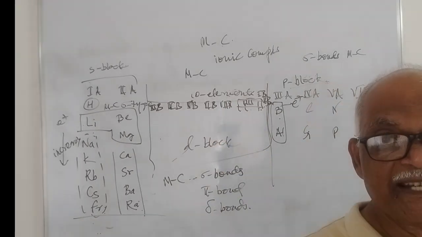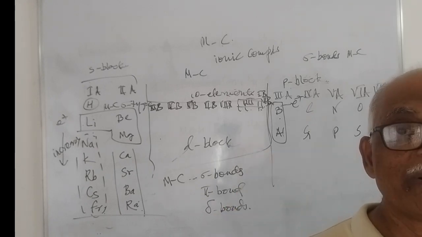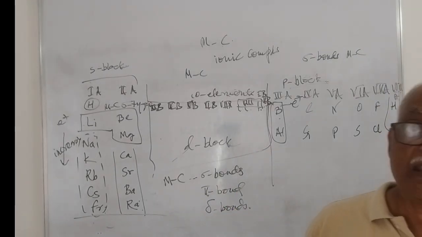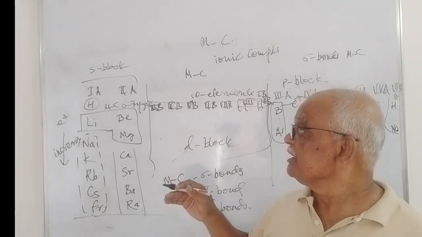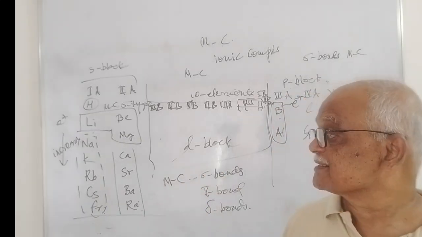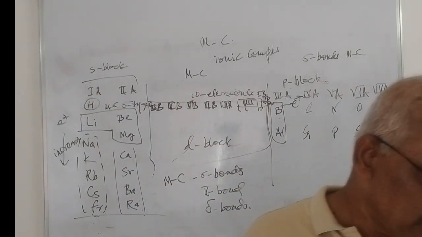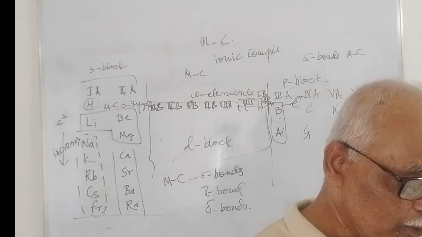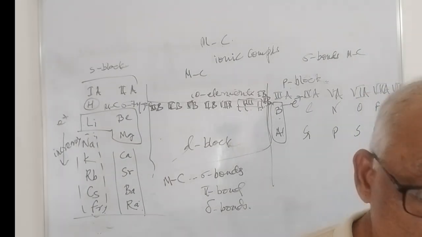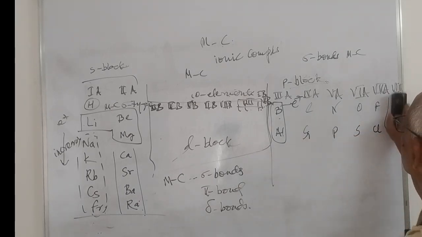The main group elements are also studied, but the quantum of work done on organometallic compounds is huge in the case of D block metals compared to the main group elements. So this is in short the nature of the metal-carbon bond.